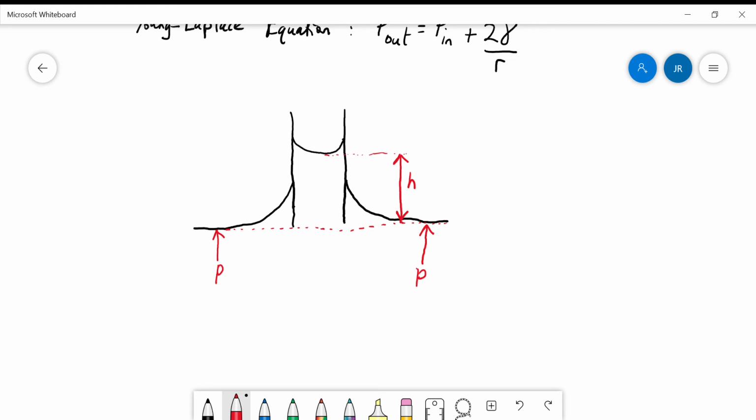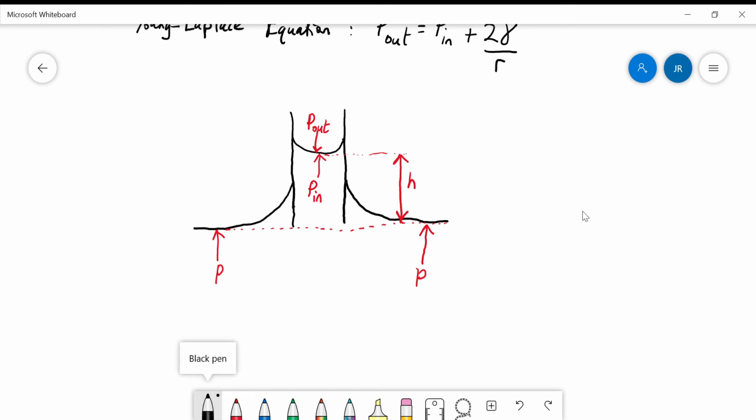So imagine this is a thin glass tube, and water has risen up. There's going to be a pressure trying to get inside, but there's also a pressure matching it trying to get outside. Okay. Pressure trying to get inside, pressure trying to get outside.